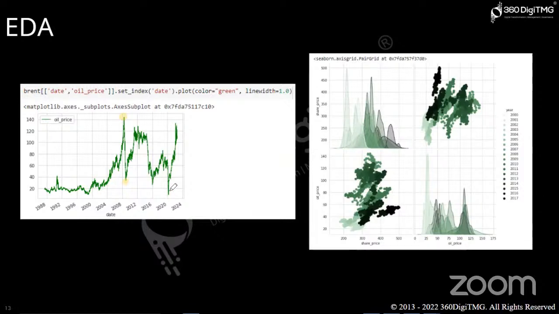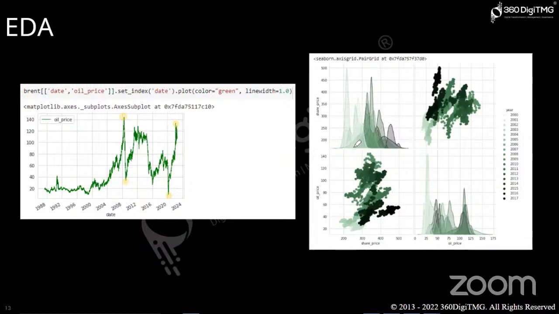In the same way, at some period in 2020, after 2020, when we have the COVID crisis, we can see that the oil price came below $20. Again, based on the recent data, we can see that it came up to around $120. Now it is going up.